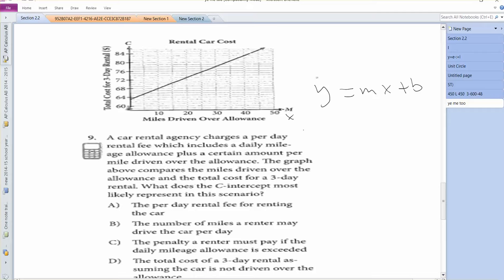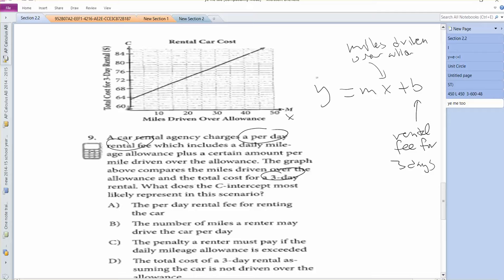So if you don't drive any miles, you're going to have to at least pay the per day rental fee for 3 days. And that's going to be your y-intercept, the rental fee for 3 days. x is going to be your miles driven over the allowance.